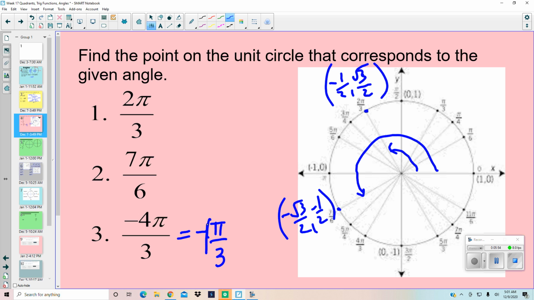Okay, so negative pi is here, and 1/3 pi more is going to be up here. So the same spot as 2 pi over 3.